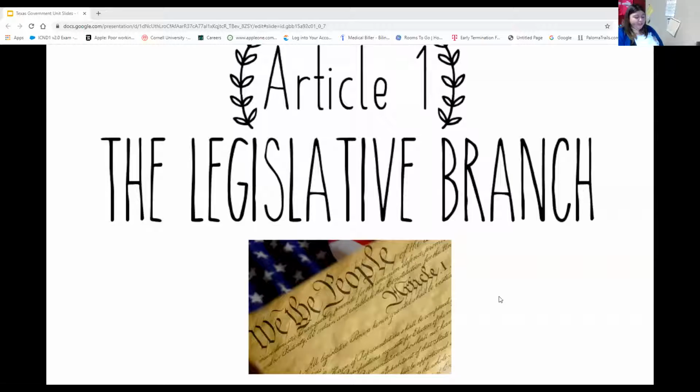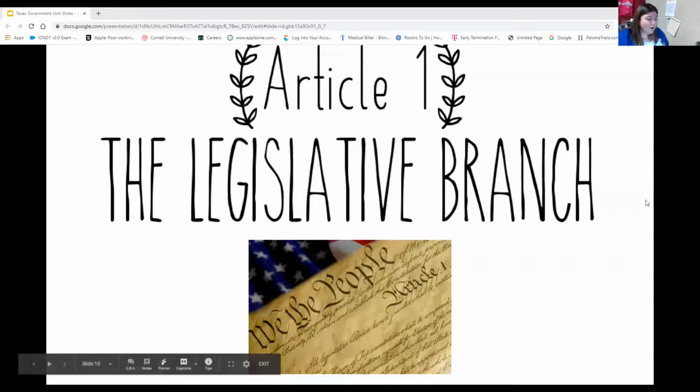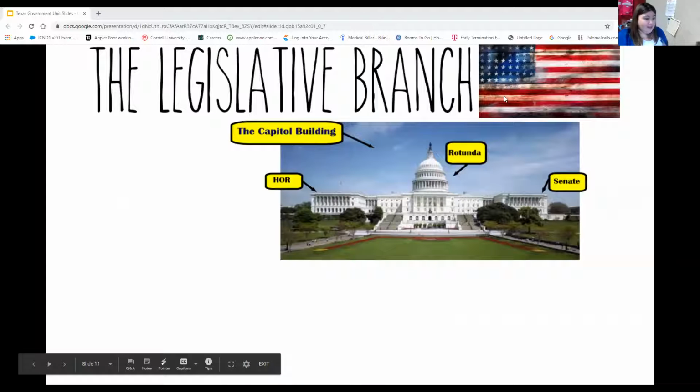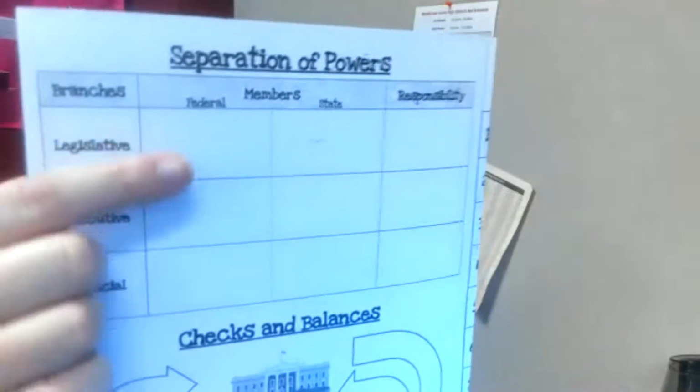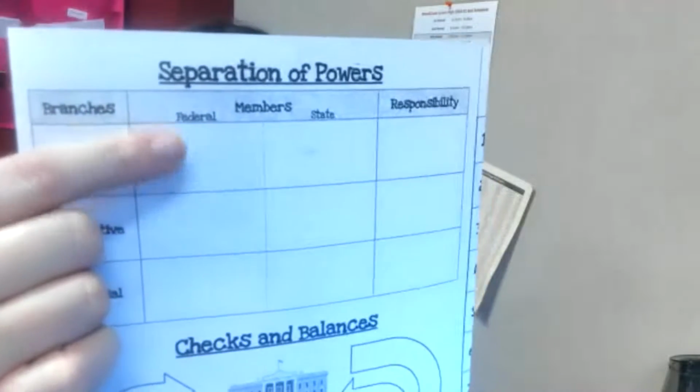So the legislative branch, remember, legislative, L for laws. Let's go ahead and move on. This is the legislative building. We are now going to be right here looking at the American flag. The American flag means we are going to be taking information on our federal side, because the federal government of America, this is where we take our first notes.